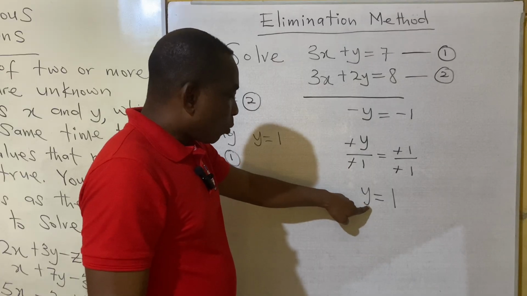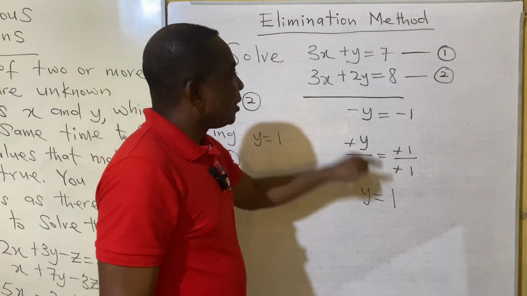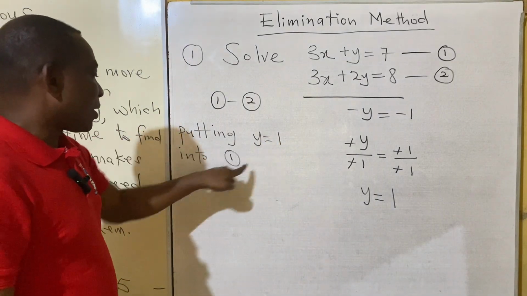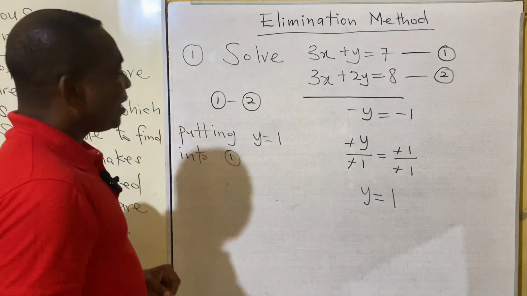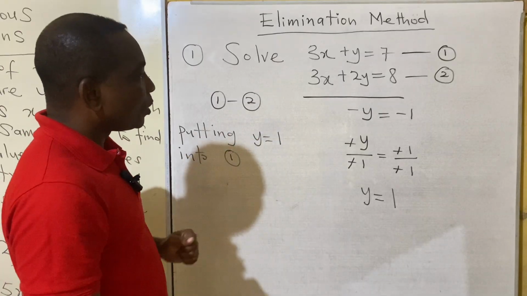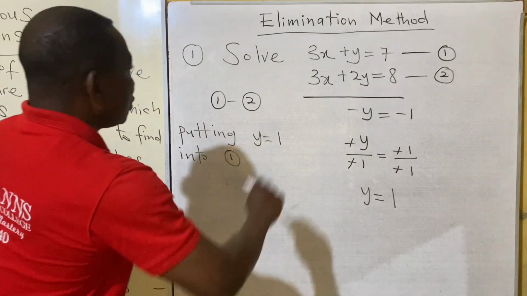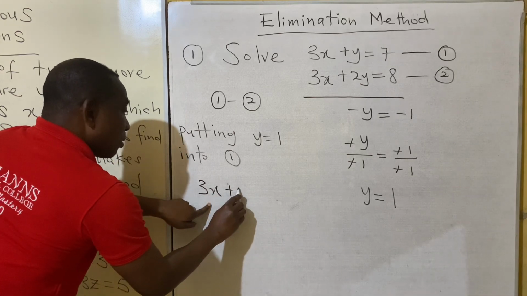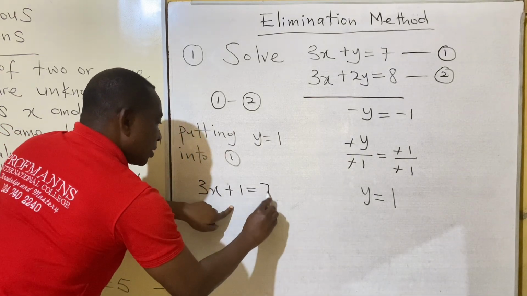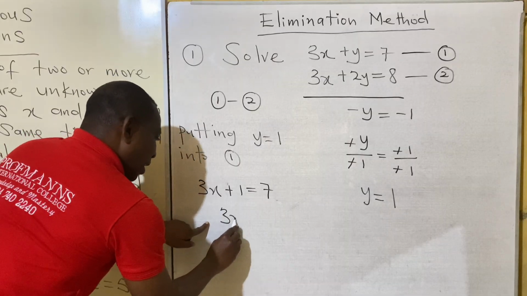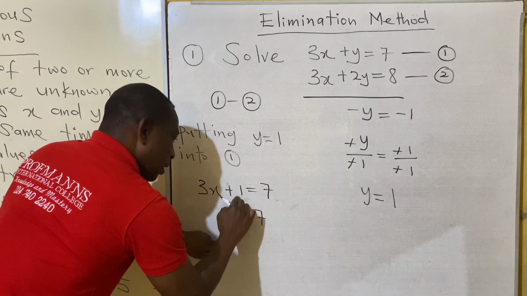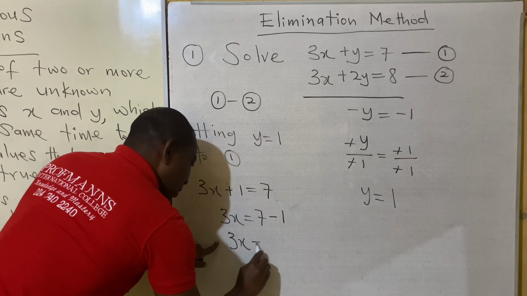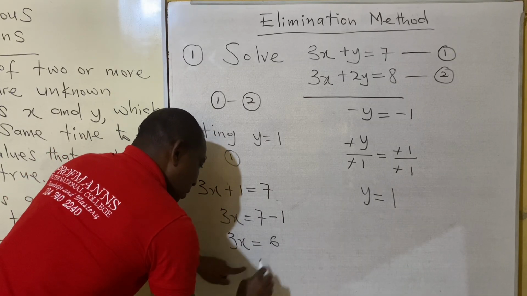Here, we can put y is equal to 1 into any of the equations. So we say putting y is equal to 1 into equation 1, meaning any place we see y in equation 1, we put 1. So it becomes 3x plus 1 is equal to 7. 3x is equal to 7, this crosses the equal to sign, minus 1. 3x is equal to 6.